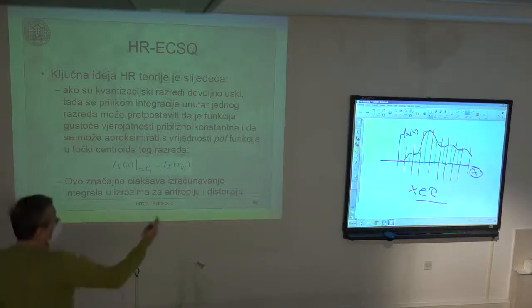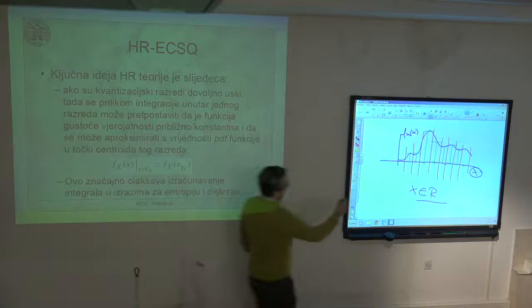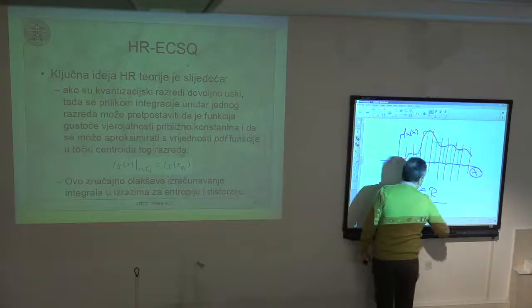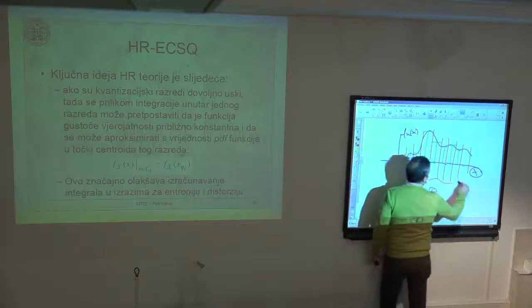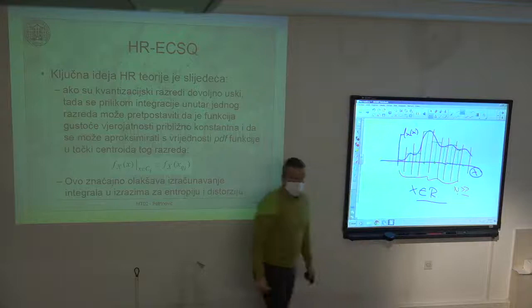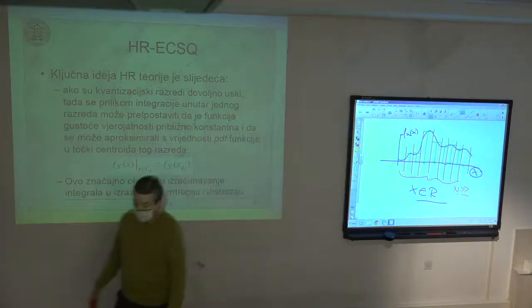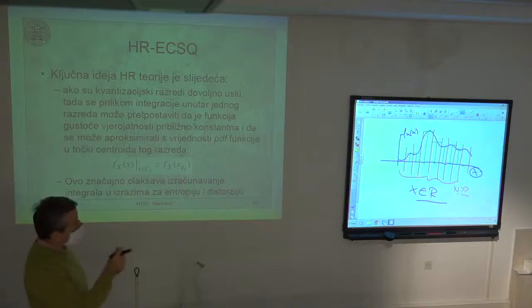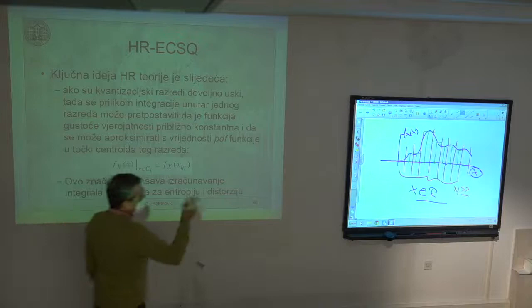Obviously, if this number of quantization levels n is very high, so n goes to infinity, then this assumption is fulfilled, because all of these classes are very narrow, and the actual change of the density function within one class is very small.